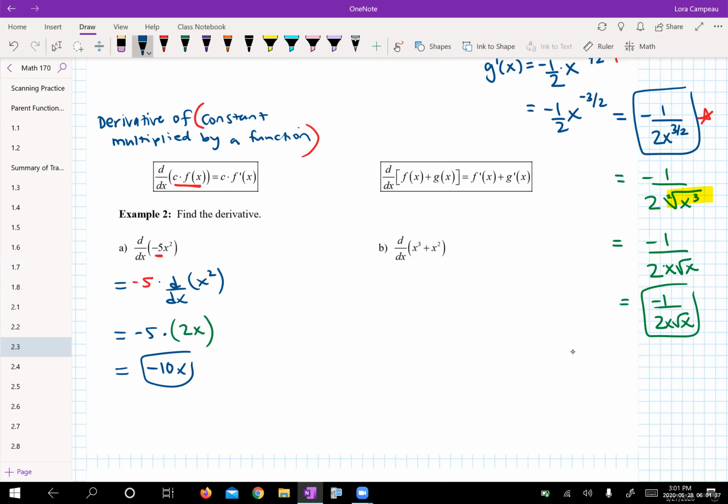Now, a lot of times we do maybe 10 more of these or even 2 more of these, and we get kind of tired of writing this derivative notation. So it is quite okay to go with the shortcut and go straight to understanding that all we're doing is pulling the 2 out in front, or we can say -5 times 2 times x.